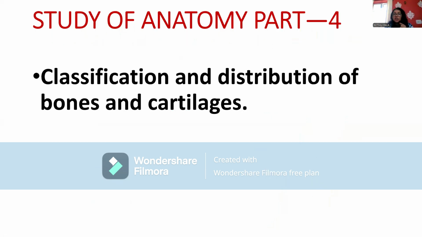So these are in gist the names of the bones lying in your axial skeleton and appendicular skeleton. Most of this is revision of your previous study.